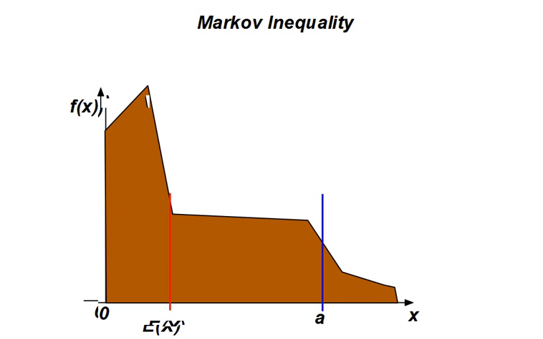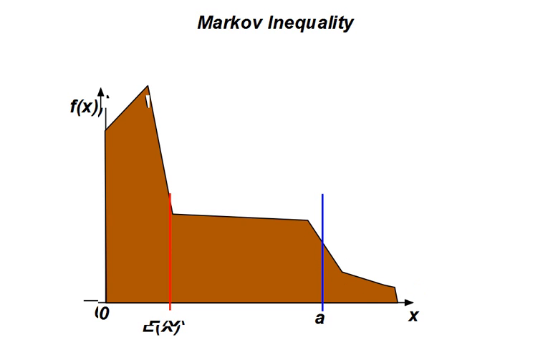What we're interested to know is we want to upper bound the probability that x is very large. So clearly, if x is very large, it would make a big contribution to the expected value of x, and so that's how we get this relationship.